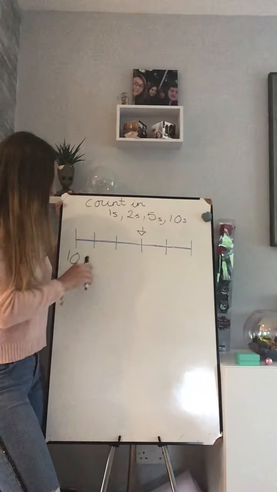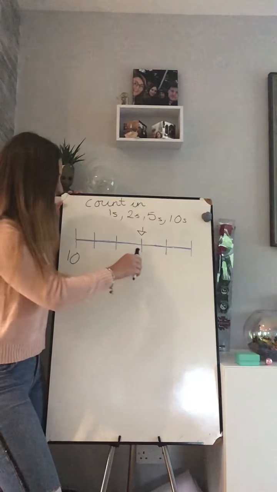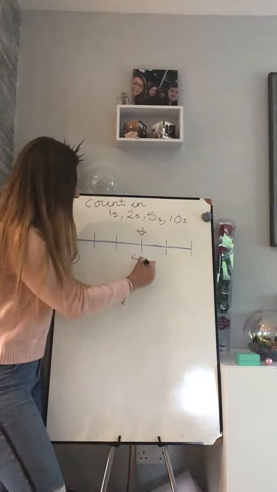Well done. 10, 20, 30, 40. What about my last one? 10, 60. Well done. 10, 20, 30, 40, 50, 60.